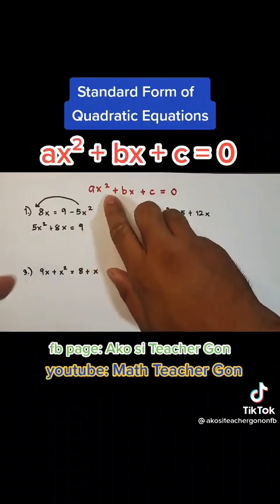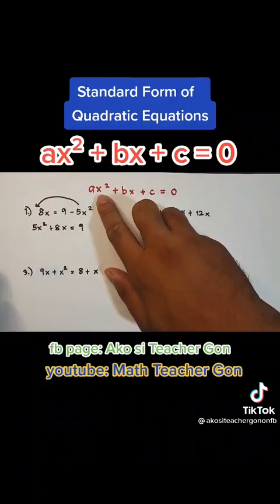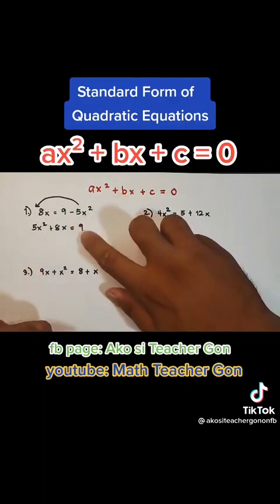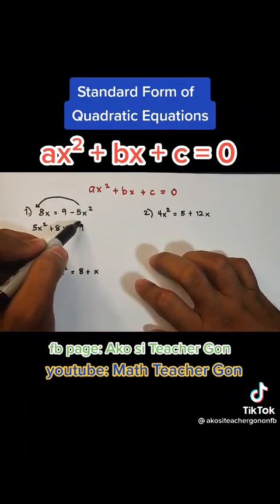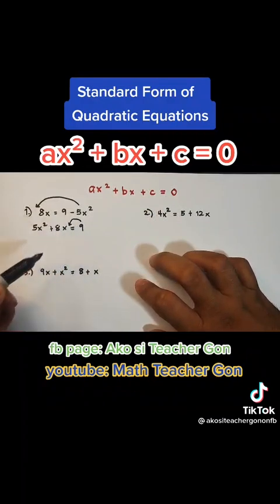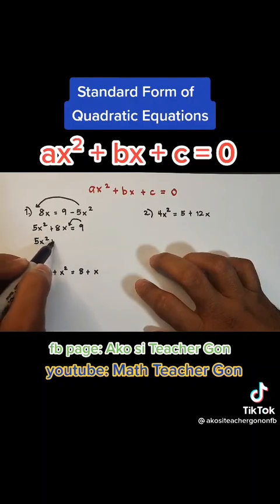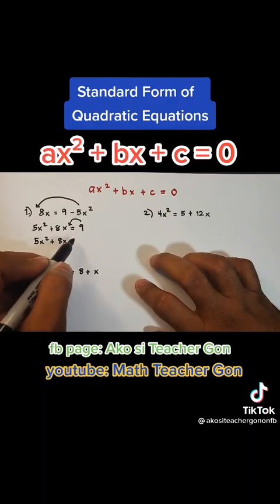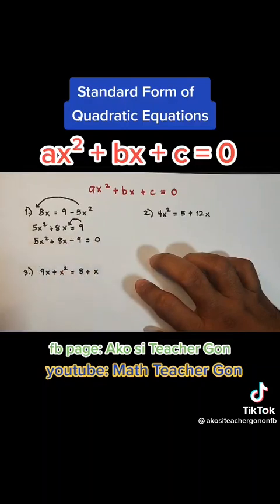And look at the arrangement. Our quadratic term is already placed on the left side of the equation. So ang problem na lang natin is yung 9 natin. After that, we will transpose 9 to the other side of the equation. So what we have here is 5x squared plus 8x. From positive 9, it will become negative 9 and then equal to 0.